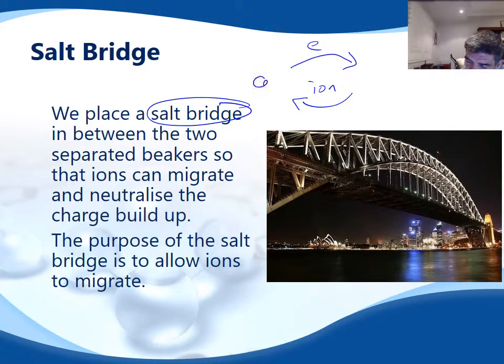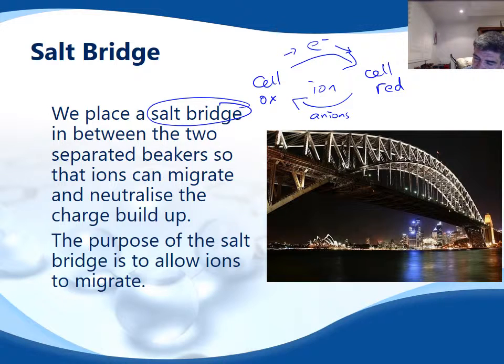So if we have the oxidation half cell here, and the reduction half cell here, then the electrons are going to move towards the reduction half cell, and then the anions are going to move in order to try and equalize what's going on.